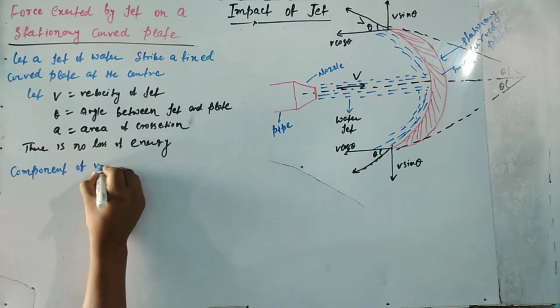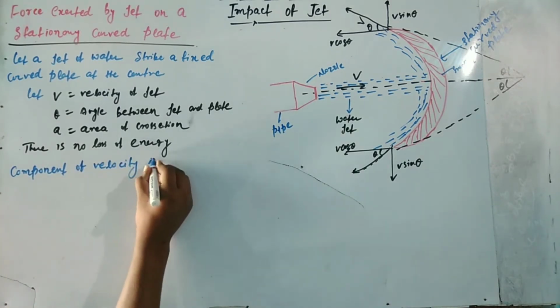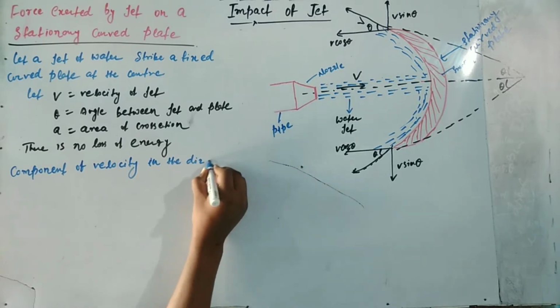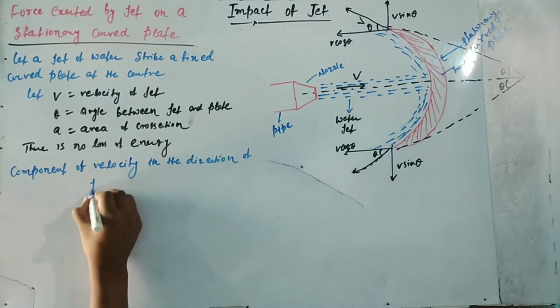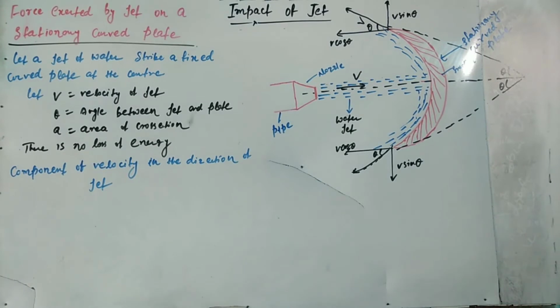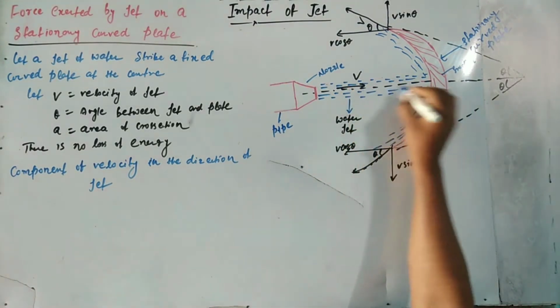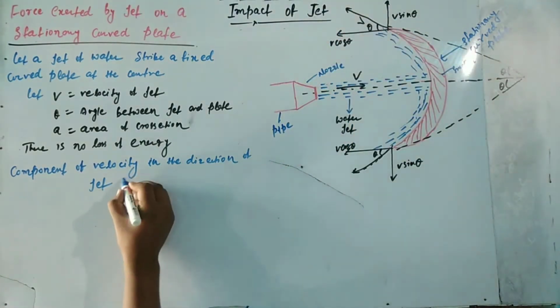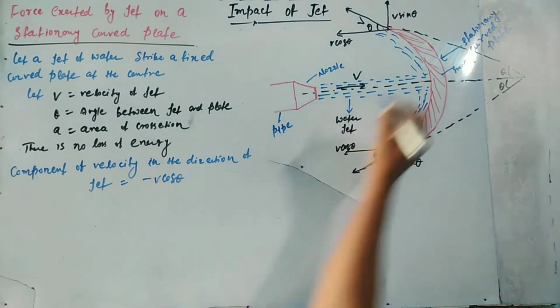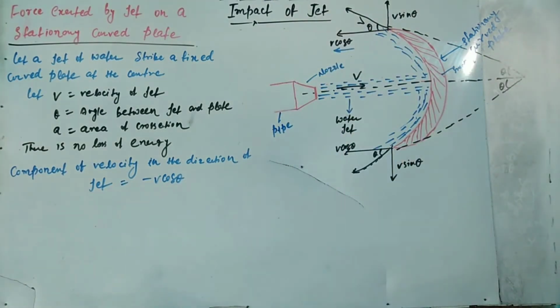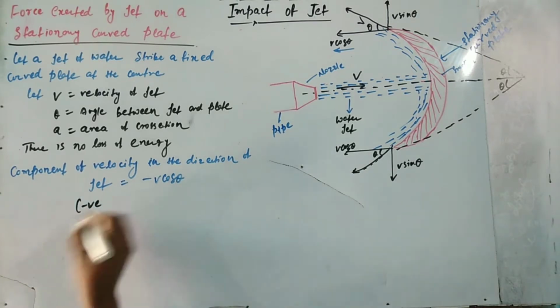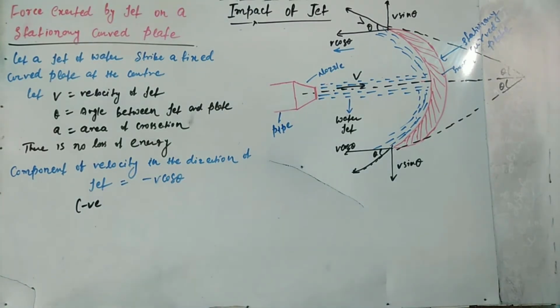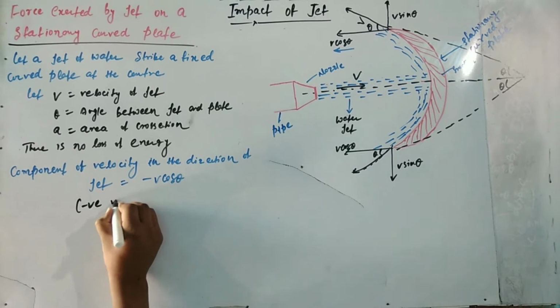Now the component of velocity in the direction of the jet is equal to minus v cos theta, because the component of the jet after striking is v cos theta and it is opposite to the direction of the jet, so this component will be minus v cos theta.